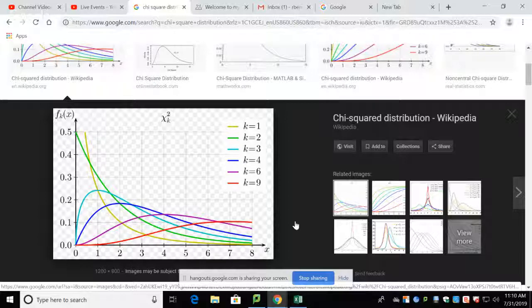If your degrees of freedom is 3, it no longer starts high, it's this light blue line. It starts at 0, goes up. If it's 4, it's the dark blue line. 6, it's the purple line. 9, it's the red line. So this really changes.